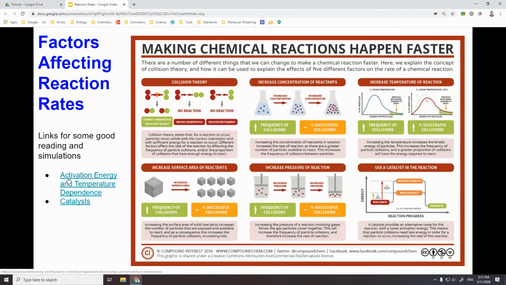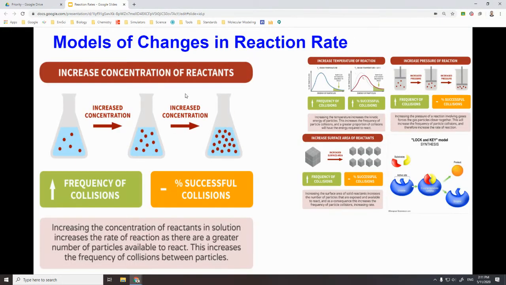First, I'll say there's a few links over here that you could follow. It'll take you to pages that have good reading, some diagrams, and some simulations that might show you exactly how these factors work. The factors here, so starting with collision theory, and they have to collide.